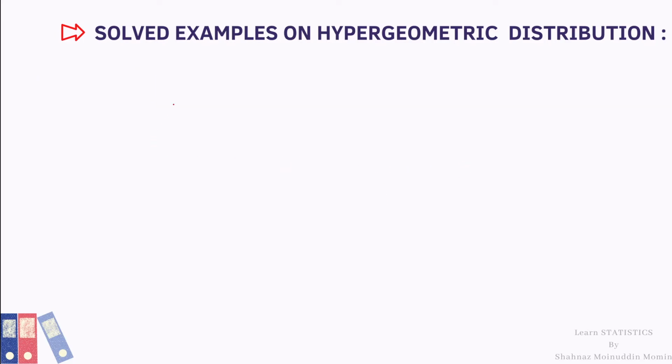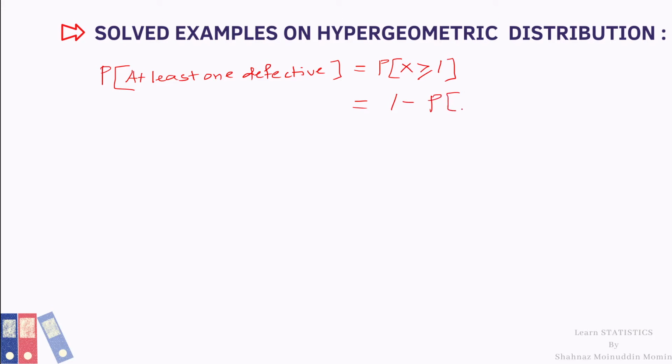Since we want to find the probability of at least one defective, the probability of at least one defective is equal to probability X greater than or equal to 1, which is equal to, by using the complement theorem of probability, 1 minus probability X less than 1, which is 1 minus probability X equal to 0, since the only value less than 1 is 0.